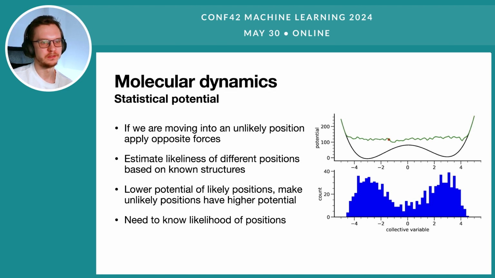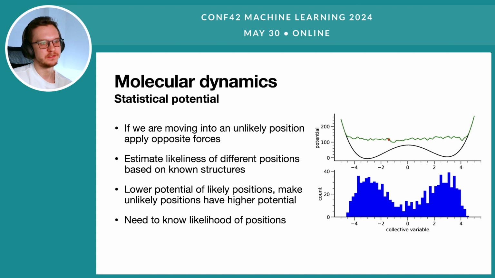If we know that a position is unlikely, we will apply forces to bring the molecule out of this position, because we assume that this is an optimization dead end. But for that, we need to know the likelihood of different positions in a molecular structure.